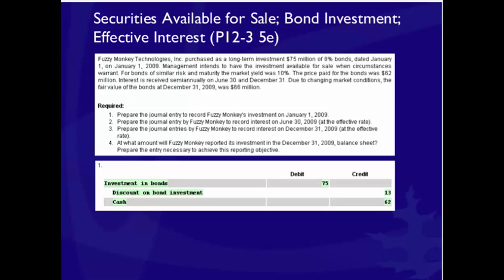So we also have a credit of cash, the consideration given up for the investment of $62 million, and as a result we've got debits totaling $75 million and credits totaling $75 million, and we've recorded the entry on January 1st to record the investment in bonds.